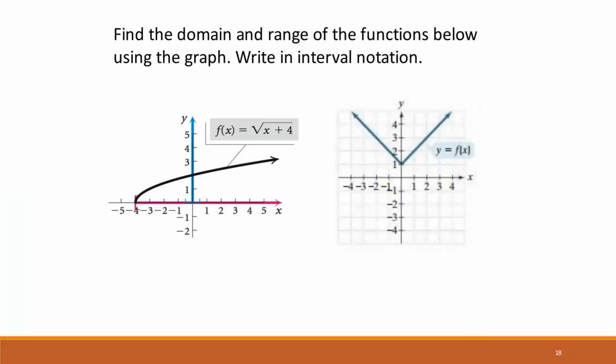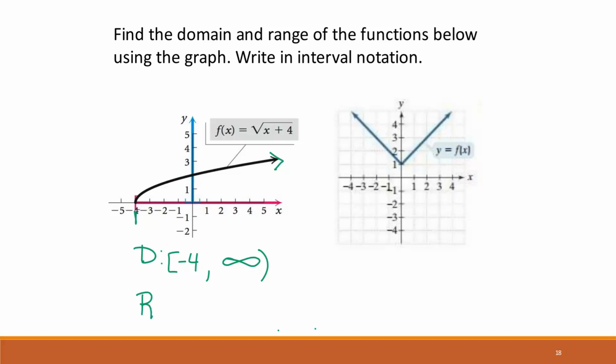So some graphs you can determine the domain and range really easily by just looking at them. This domain here, it starts at negative 4 when we're going from left to right, and it is actually touching that point. And then the arrow goes on in the positive direction forever. So we're actually going to positive infinity here. And when we do an infinity sign, we always have a parenthesis because you cannot contain infinity.